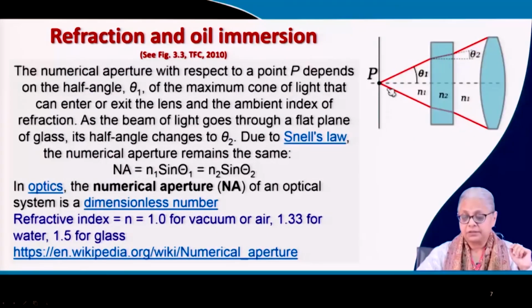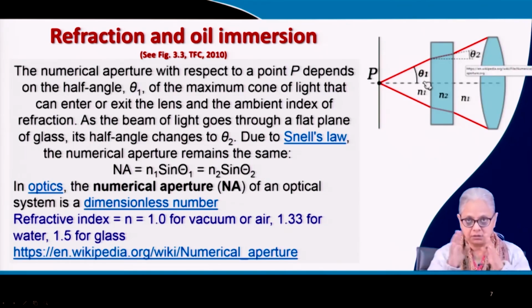So here is our light source. I have my light source, I have my sample, and that sample is sitting on a glass slide, and this is the objective lens. Now the rays of light from this light source are going to be scattered in a conical fashion, and some of the light will pass away from the object and some of it is incident on the object.